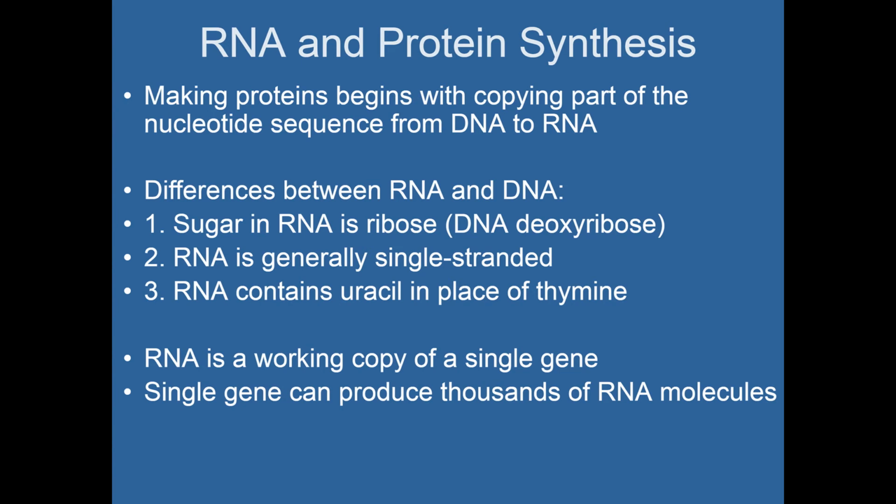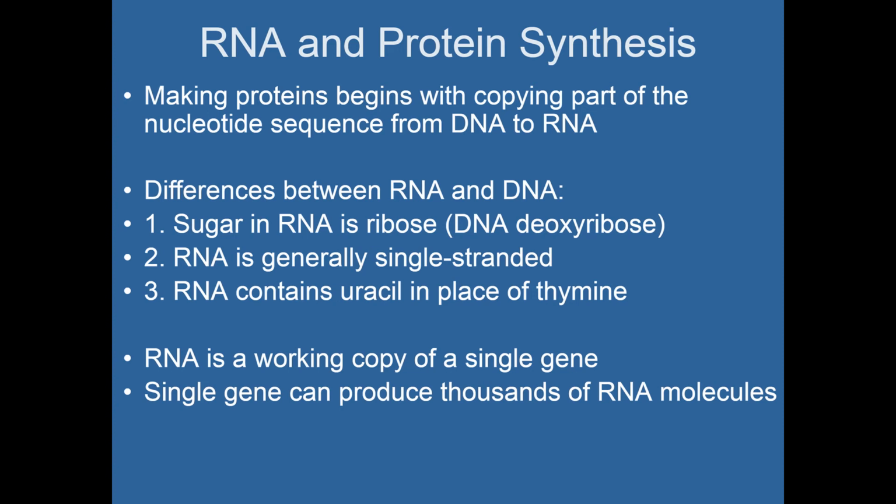And the main differences between RNA and DNA, other than their initials, is that the sugar in RNA is ribose as opposed to deoxyribose. So DNA is deoxyribonucleic acid, and RNA is ribonucleic acid.